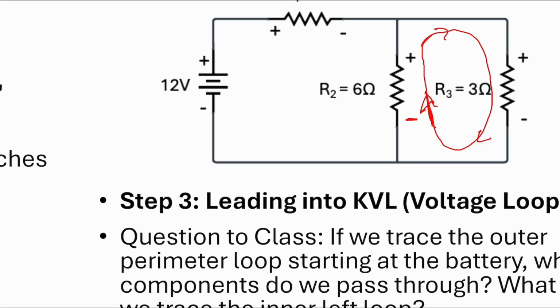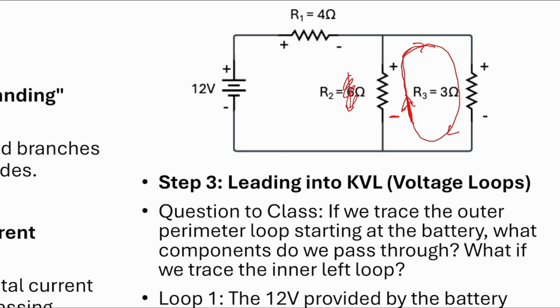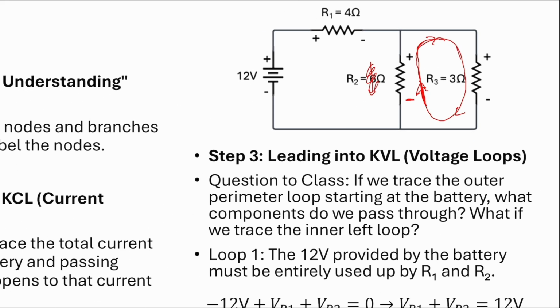So even though we know the current flows through from here, when we do the analysis we can ignore it and just choose this complete loop. It enters R2 from the negative, and of course, this loop enters R3 from the positive.